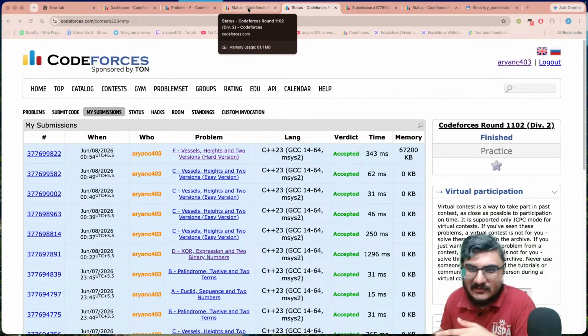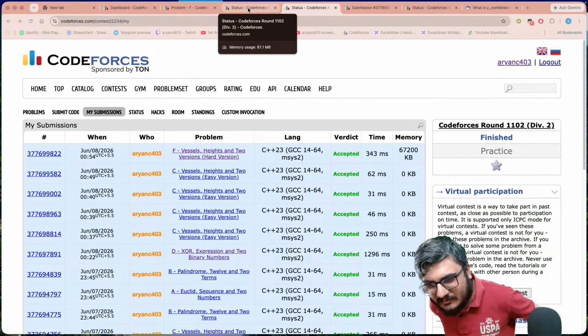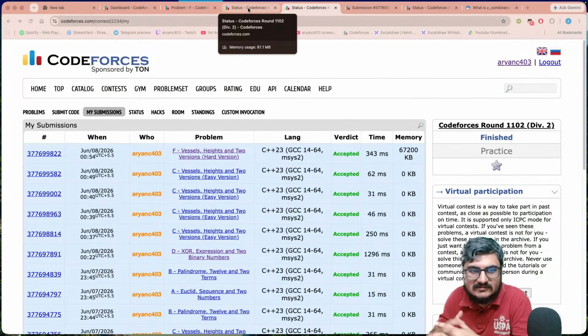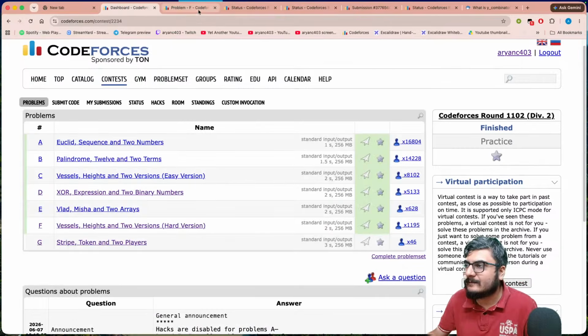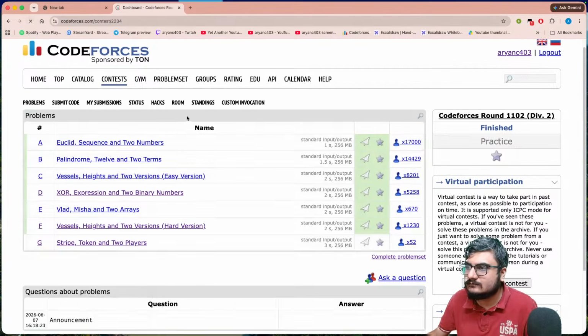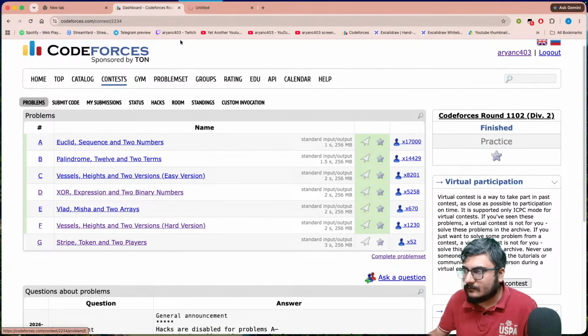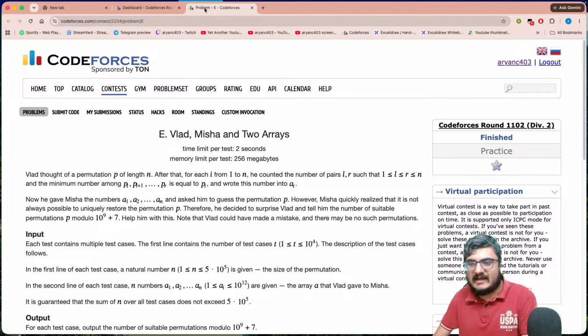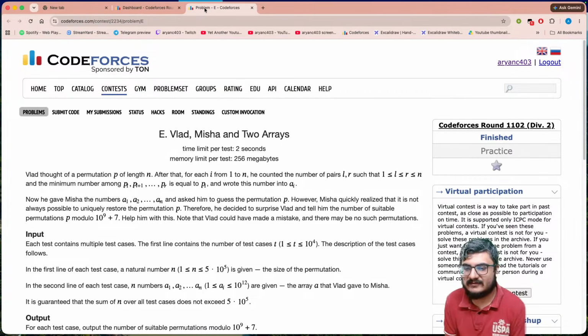I have walked you through a lot of code for F compared to C, because most of the essential ideas I already discussed while I was discussing C. So this is where we are. Any questions, anyone? The last problem we have is problem E.